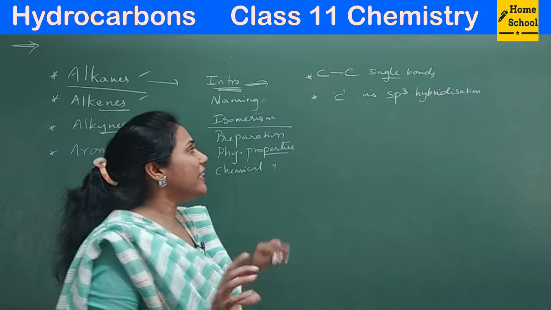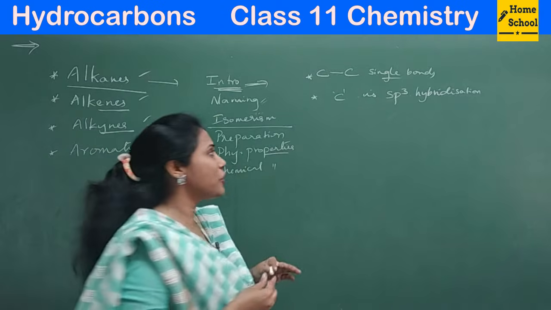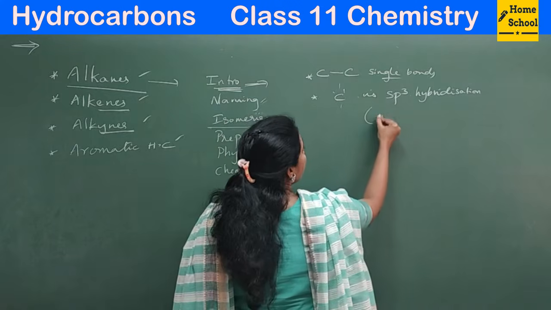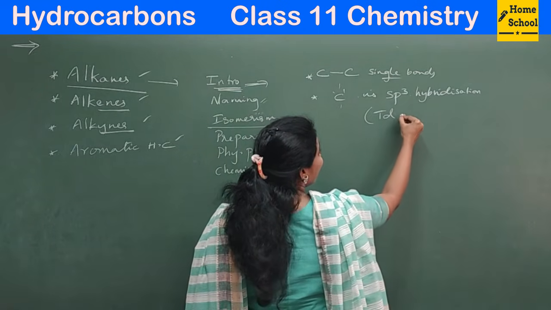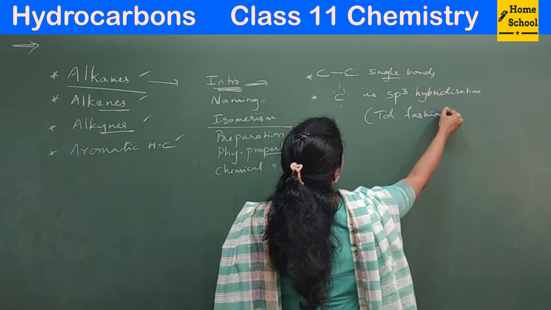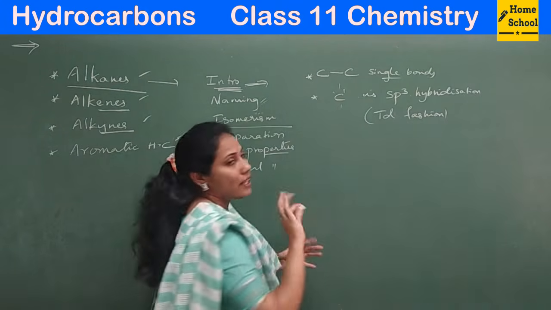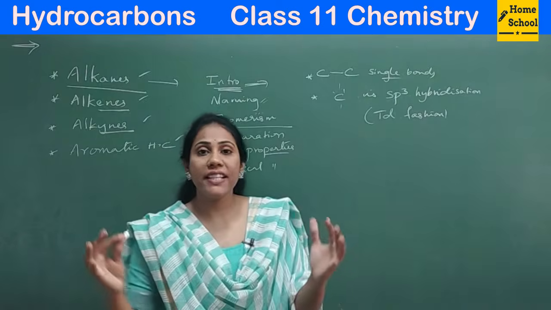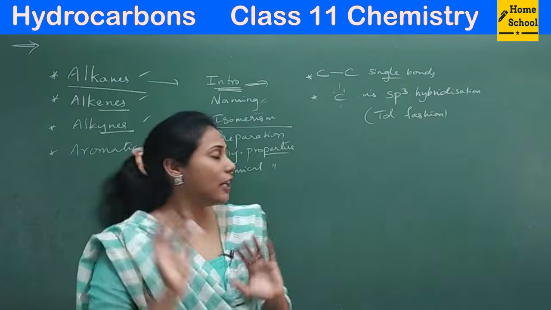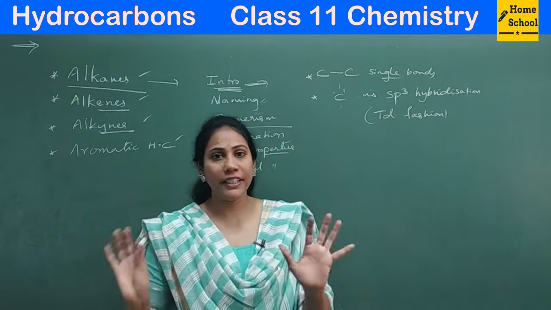Whenever you have sp3 hybridization, the bonds around such carbon are always arranged in a tetrahedral fashion, isn't it? The 4 bonds around every carbon are always in a tetrahedron shape, right? So all of that we already know.